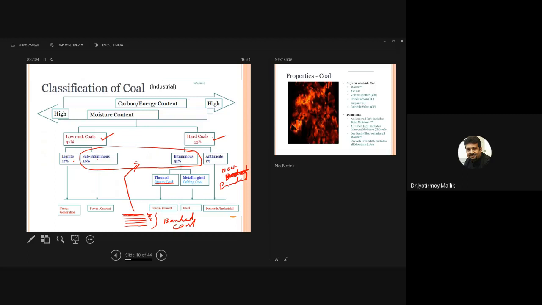Banded coal is also sometimes called humic coal, and non-banded coal is also called sapropelic coal.